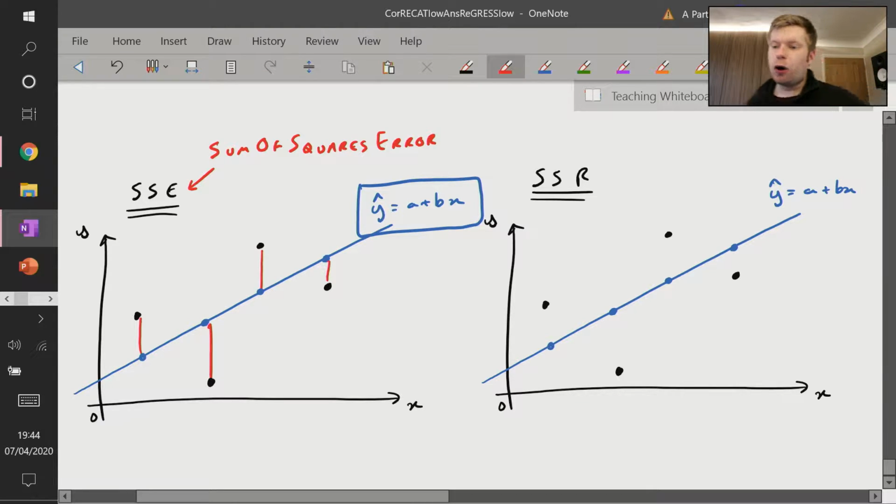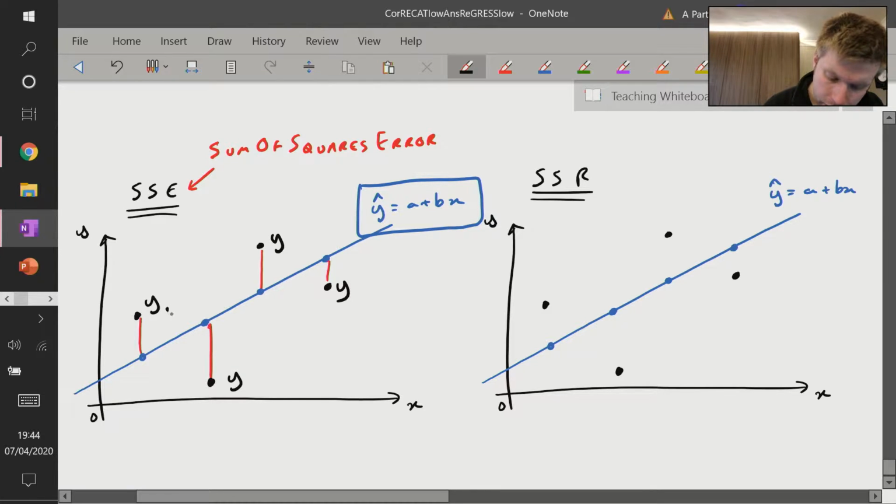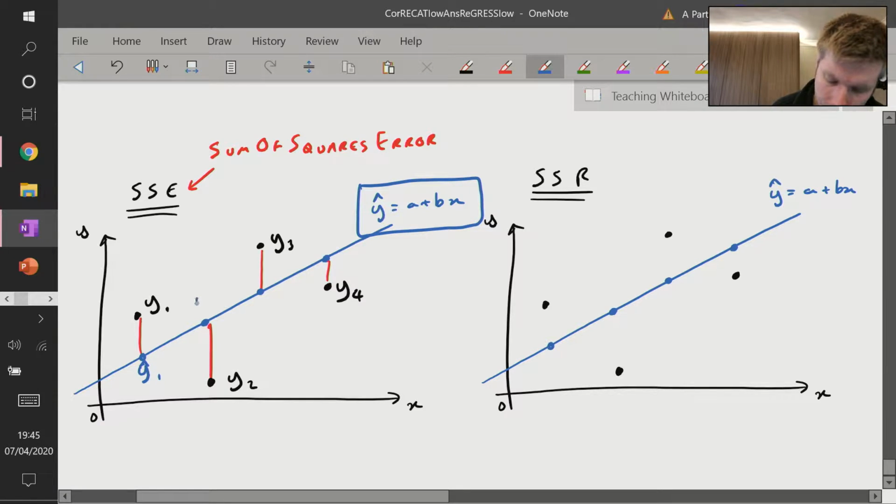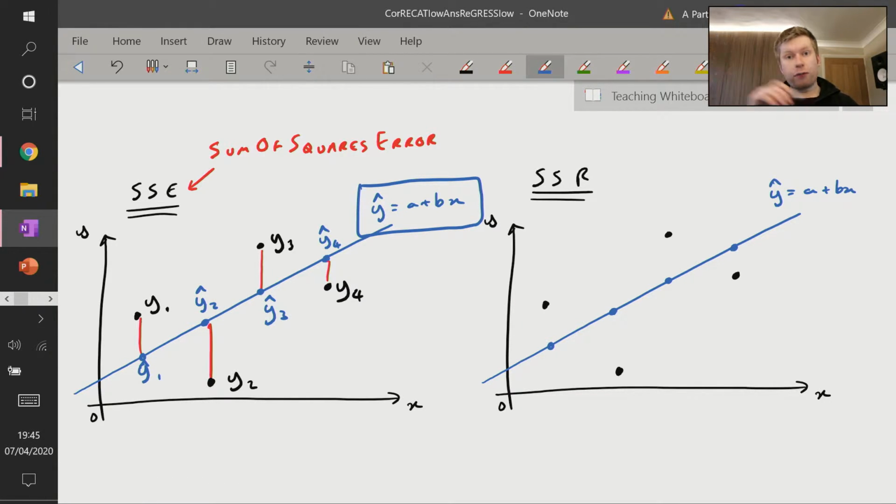It simply looks at the differences between our actual data values, so y1, y2, y3, y4, and our estimated data values, y hat 1, y hat 2, y hat 3, etc. Because when we draw our regression line through these points, we're saying that the trend of the data follows this line, and therefore if we want to estimate these values, they should lie on the regression line.